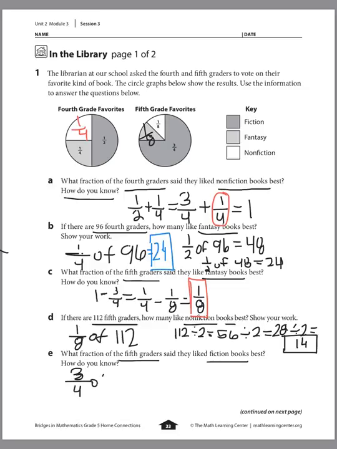3/4 of 112. Well, I don't really need to do my work again, because I already solved 1/2 of 112, which is 56 above. And I know a quarter of 112 equals, again, above, 28.